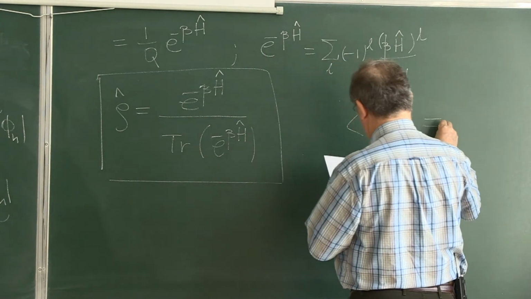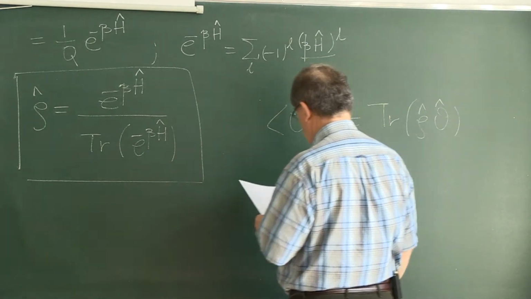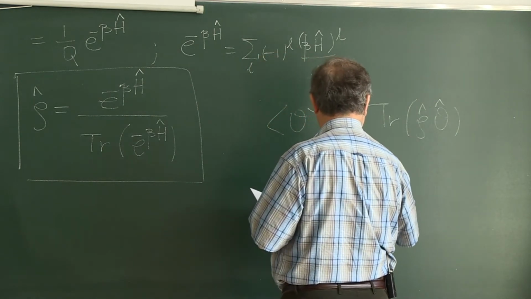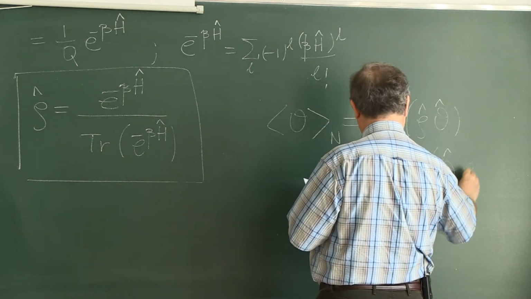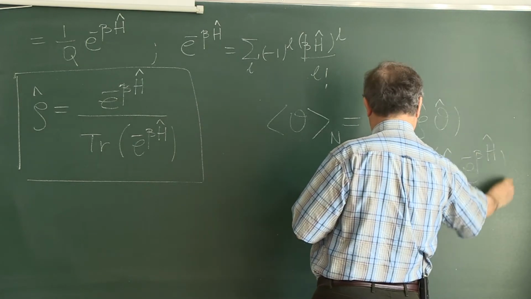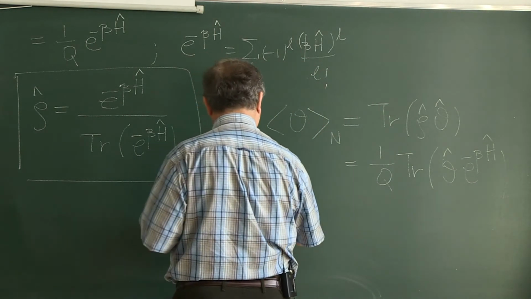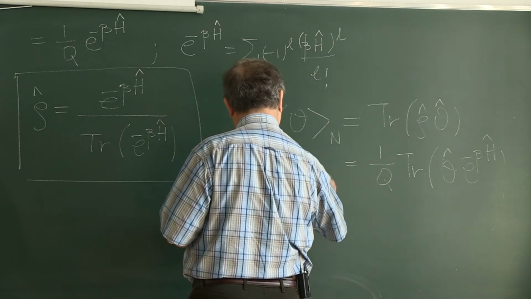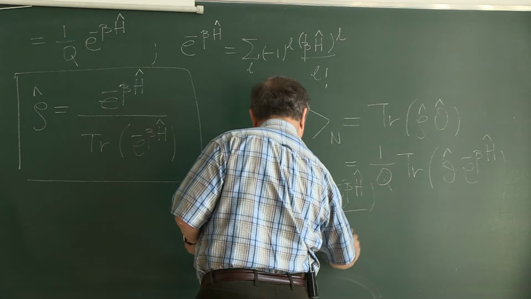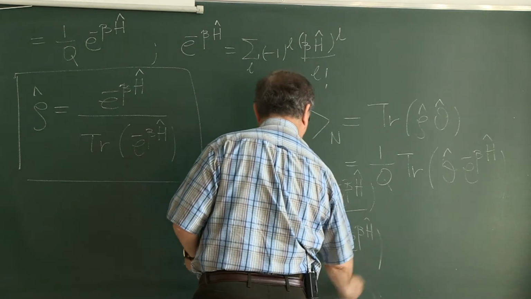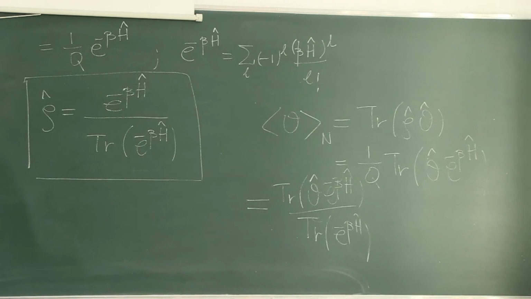In this case, you can write this as trace of rho times the operator, or 1 over Q trace of the operator times e to the minus beta H, or any average value can be written as trace of the operator times e to the minus beta H divided by trace e to the minus beta H. So the trace operation comes into the picture when you want to take averages.